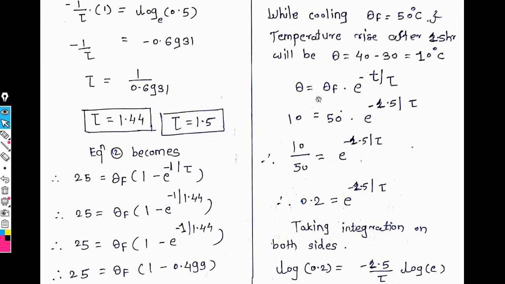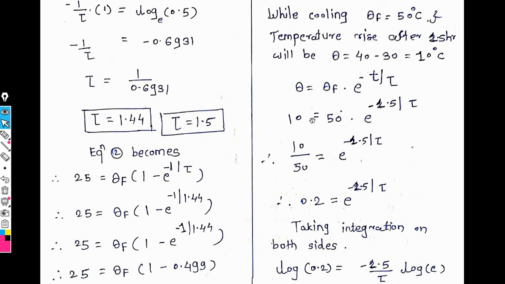Then theta is equal to theta f into e raised to minus t upon tau. Put time t equal to 1.5. Theta is the difference between the temperatures.